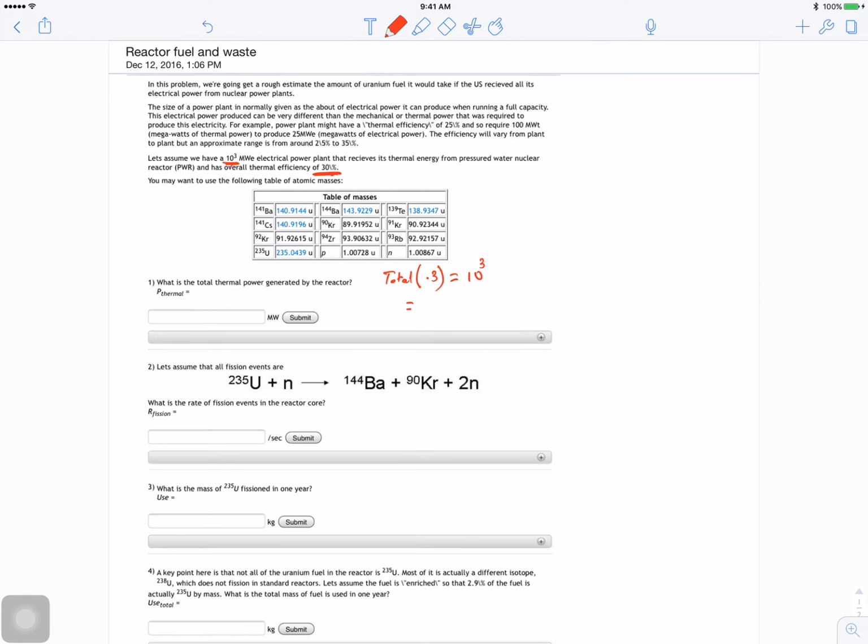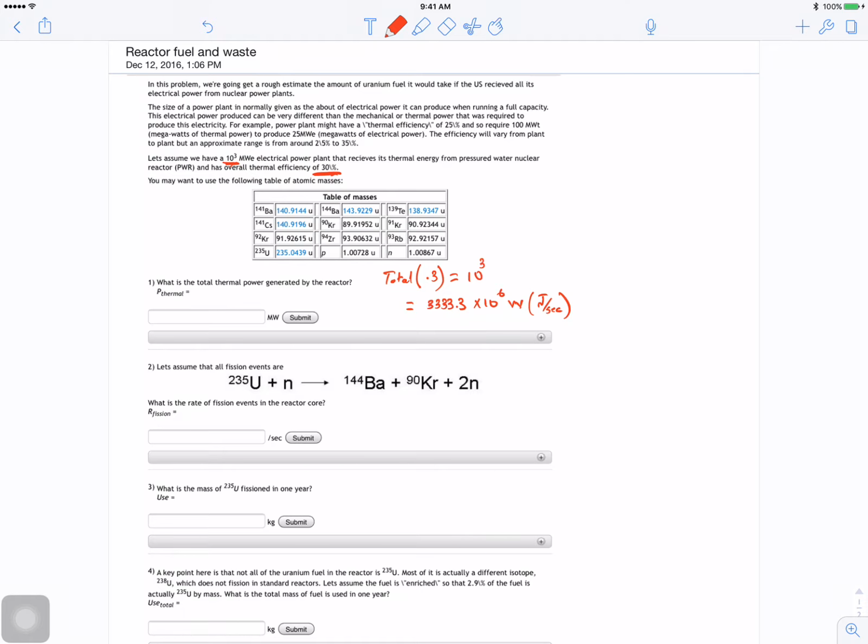So from this we get 3 times 10 to the 6 watts, which is the same as joules per second. Cool.